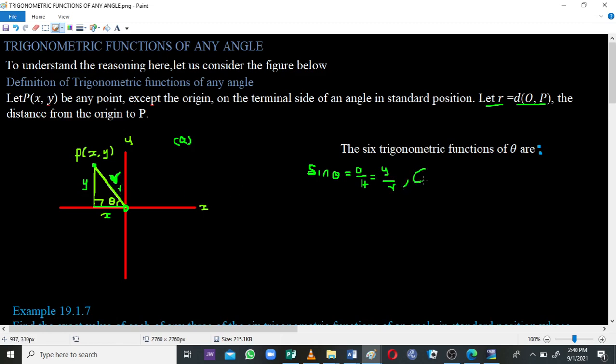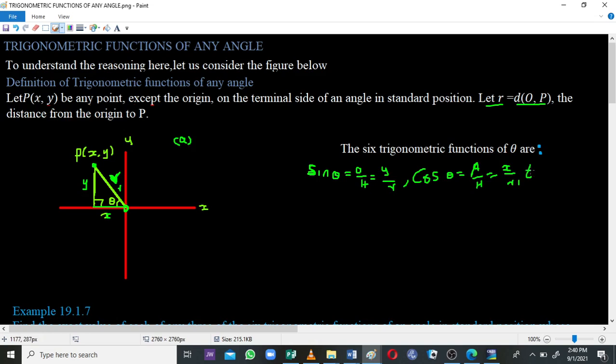Now we can define cosine. Cos theta is equal to adjacent over hypotenuse. Our adjacent is x and our hypotenuse is r.